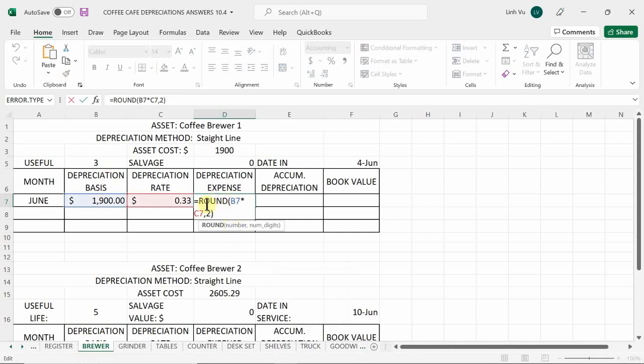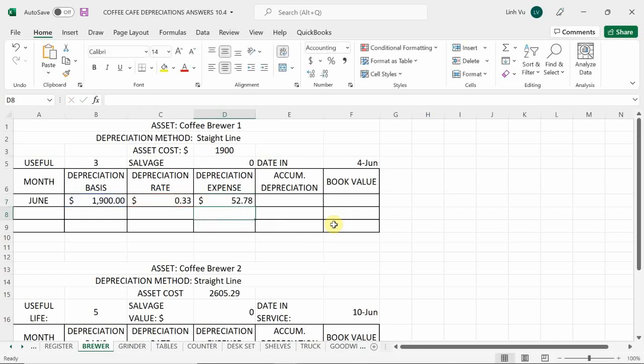Yes, so in this case, what do we get? It will be 52.75. $52.78. Okay.